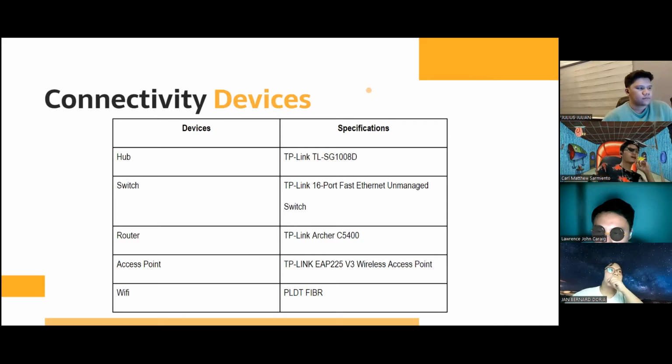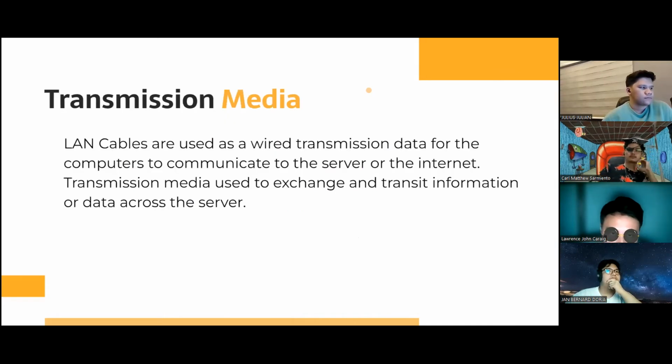Then their Wi-Fi is PLDT fiber. For their transmission media, LAN cables are used as a wired transmission for the computers to communicate to the server or the internet. Transmission media is used to exchange and transmit information or data across the server.